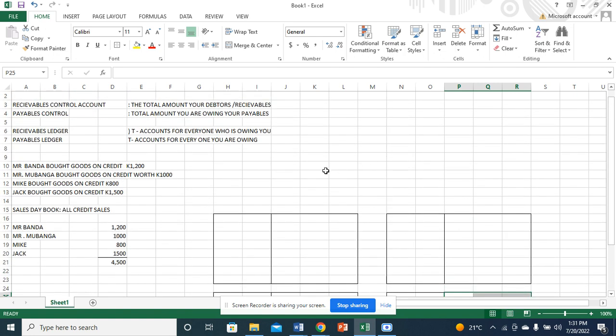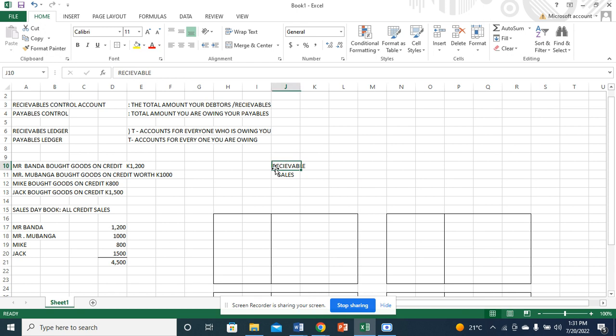Whenever we make a credit sale, the journal entry is you debit the receivables and you credit sales. For each of these individual journal entries, you debit the receivable and you credit sales. In this illustration, the sales account is not important.